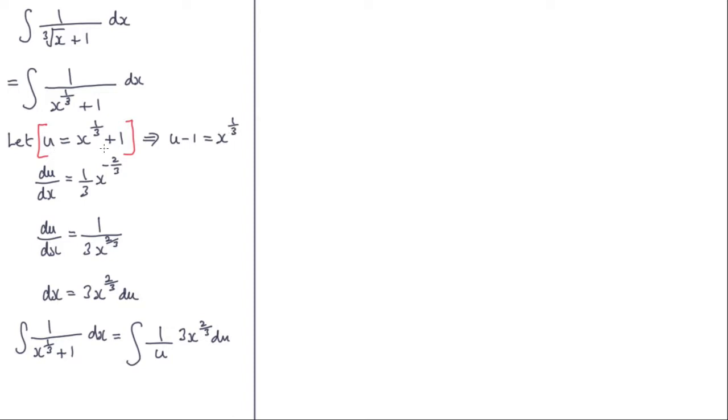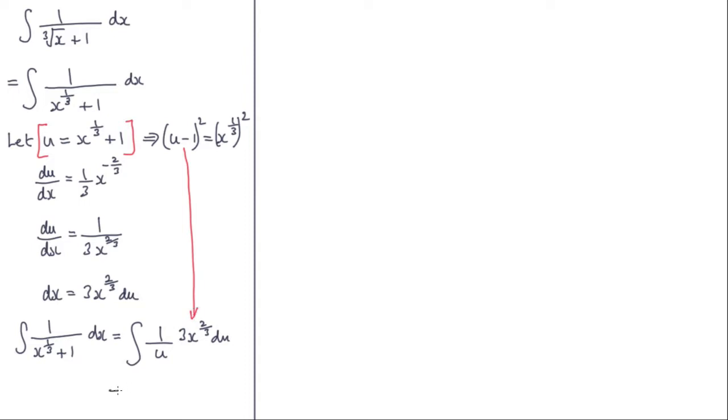I've just rearranged this. And clearly from this, we could get x to the power of 2 over 3 by squaring this. So if I square this, I would get x to the power of 2 over 3, but I'd also need to square u minus 1. And what I can then do is substitute this into here.